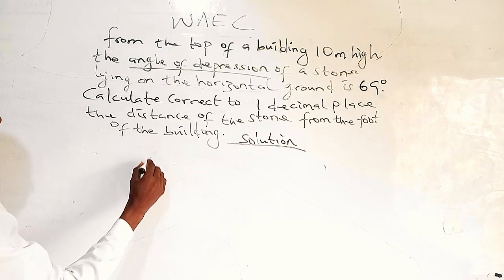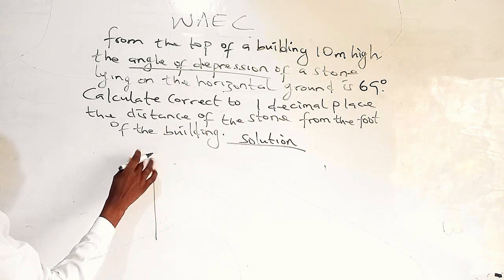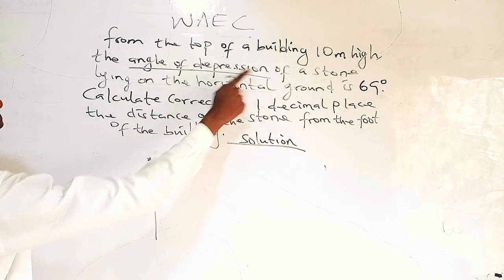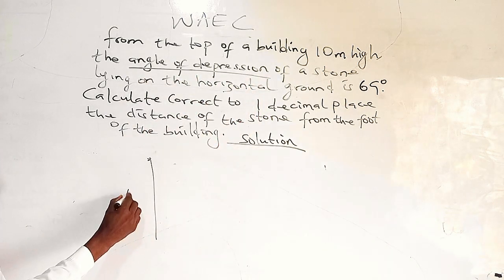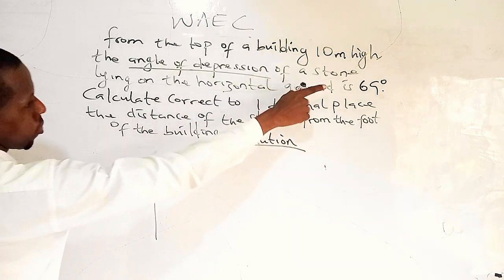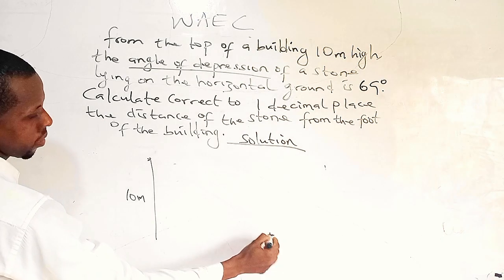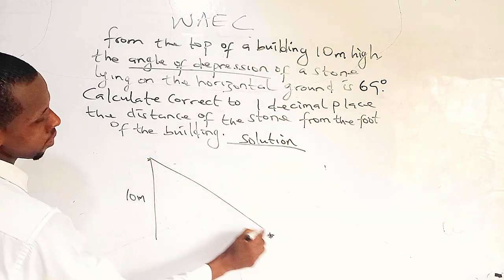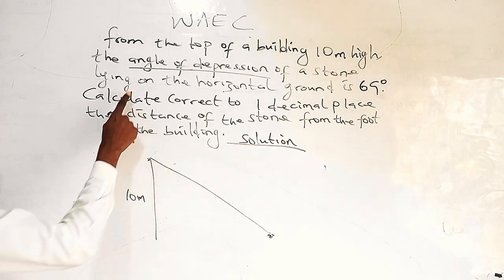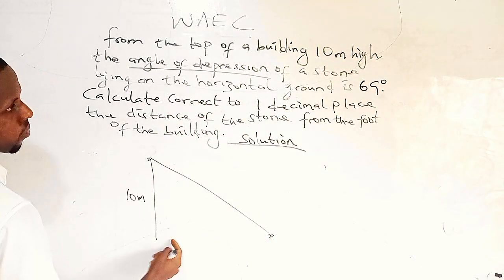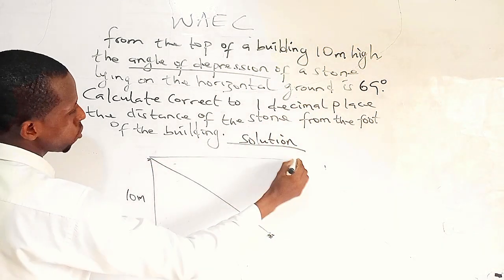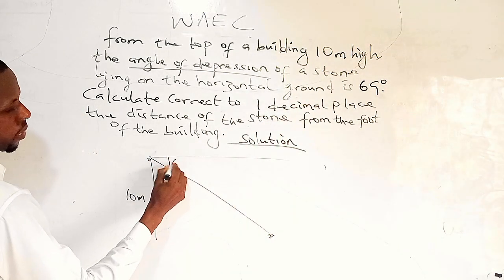Now, this is a building somewhere here, and this is the top of the building, which is 10 meters high. The stone is somewhere here, so you are looking directly from the top of the building to the stone on the ground. It's lying on the horizontal ground, and the angle is 69 degrees, formed somewhere here.